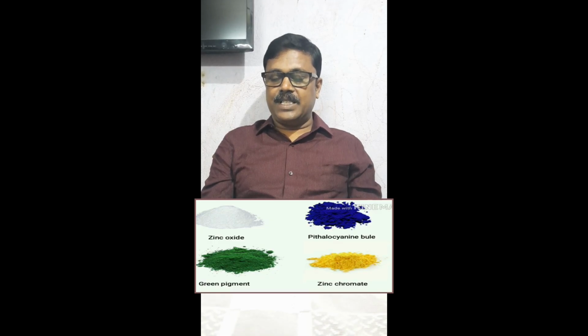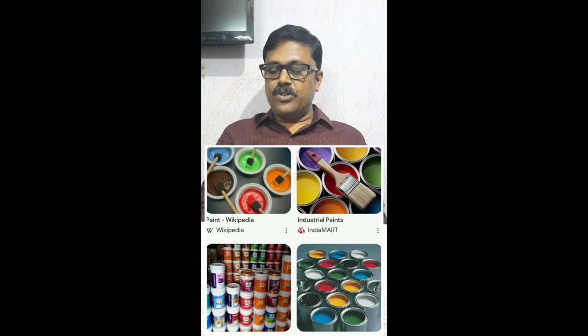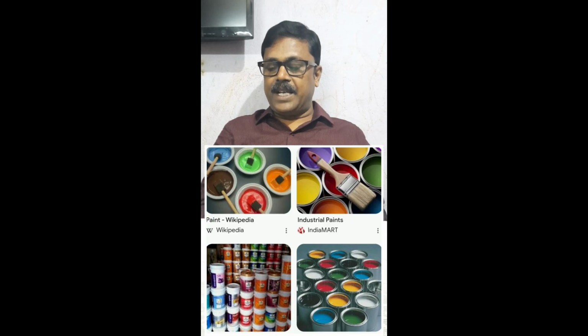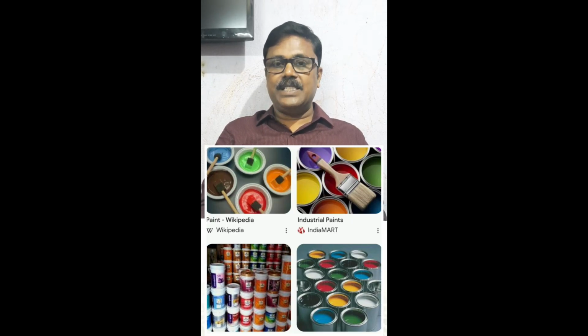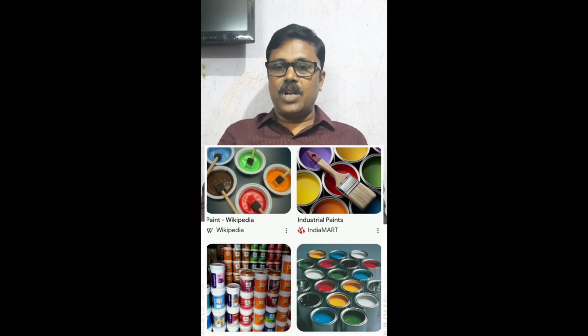dyeing and thermosetting and thermoplastic, and according to the method of application, consistency of the paints: liquid, paste and powder coating, number of packages of the coating, and based on the exposure, that is interior and exterior paints, and based on the applications, application means like dip application, roller coating, barrel coating, spraying, brushing, etc. And also the gloss.